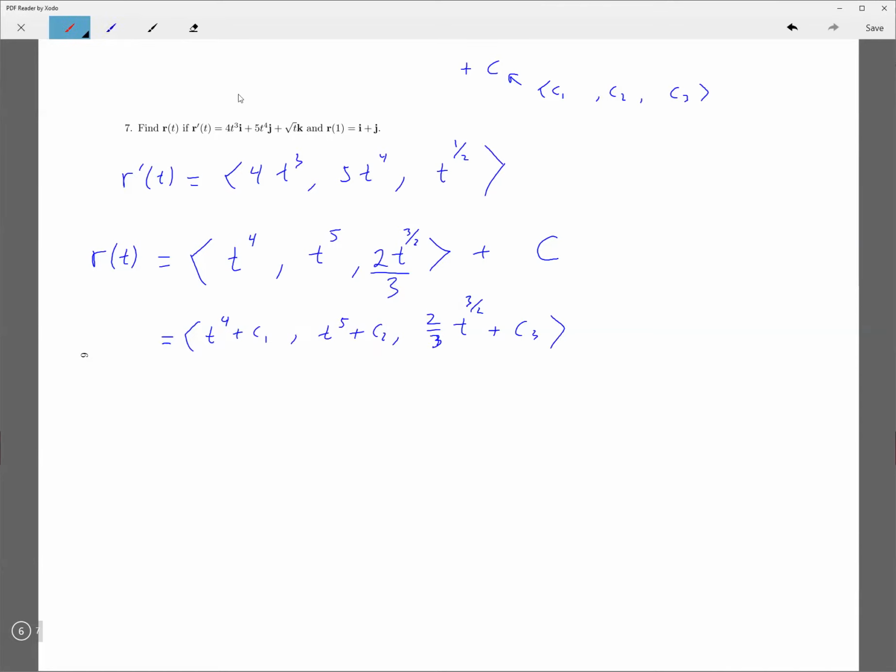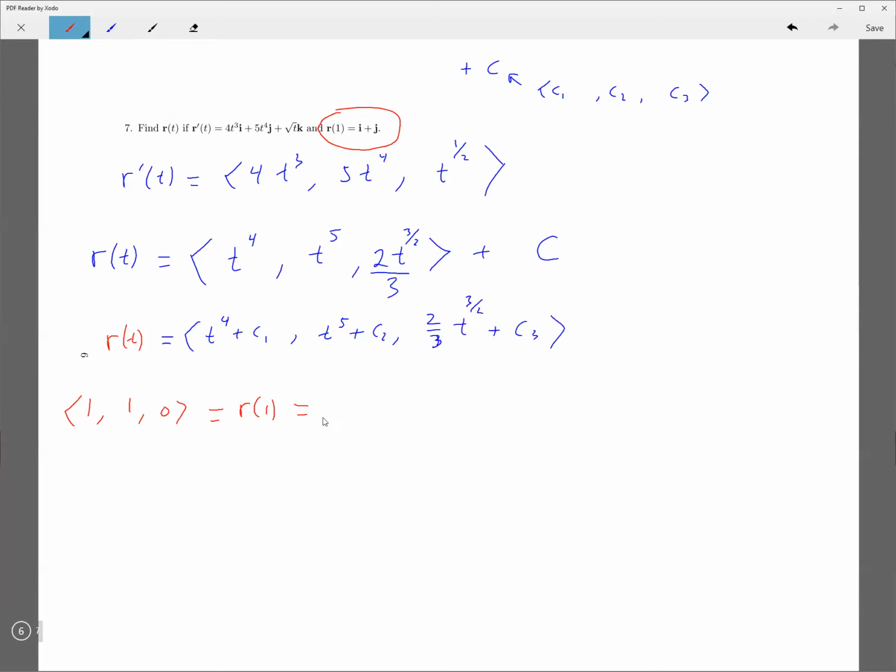Okay, now, at this point, we have this condition right here. R of 1 is I plus J. So this is R of t. R of 1 is saying that it is 1, 1, 0. If you put a 1 in for t, you get 1, 1, 0.